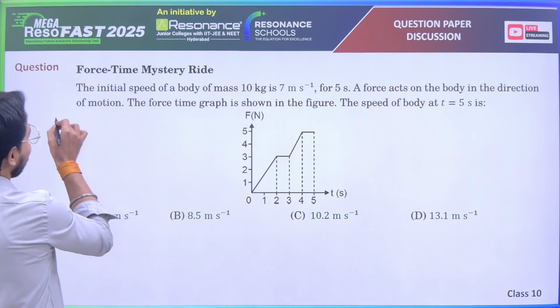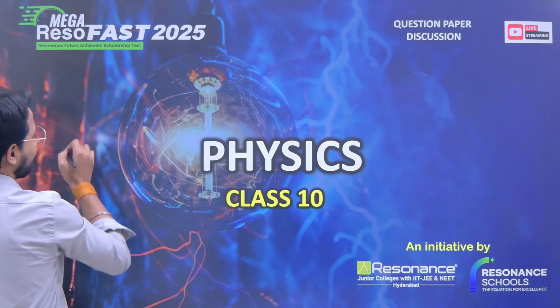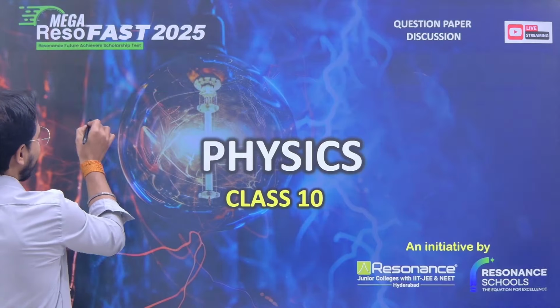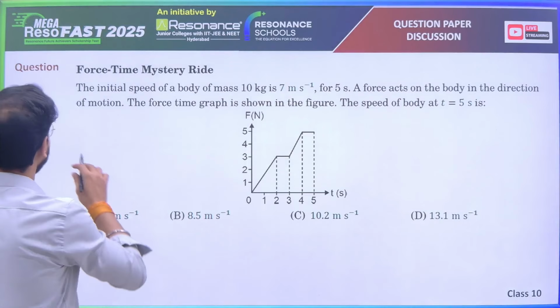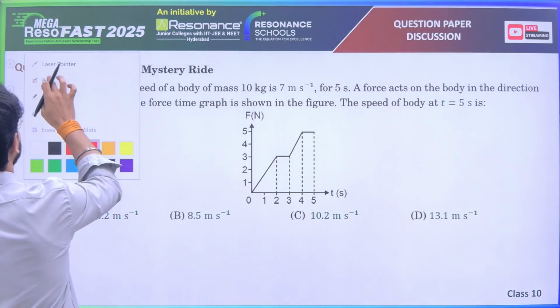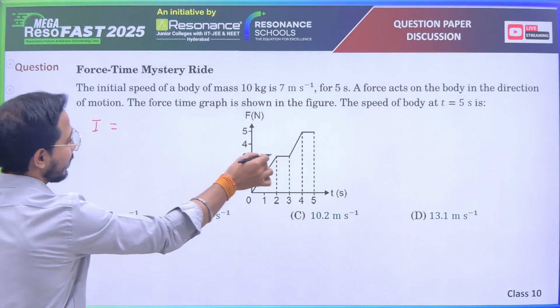So impulse I will be equal to the area under the F-t graph.